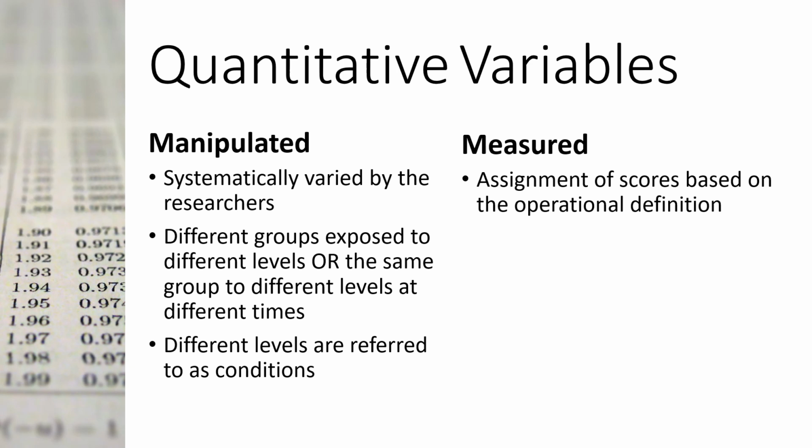Then they either expose the different groups to different levels of the manipulated variable or expose the same group to different levels at different times. The different levels are referred to as conditions. In contrast, a measured variable is, well, it's just measured. Each participant is assigned a score for each variable based on the operational definition of the variable.